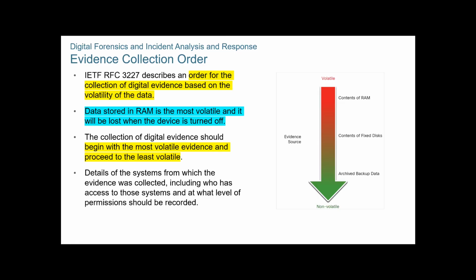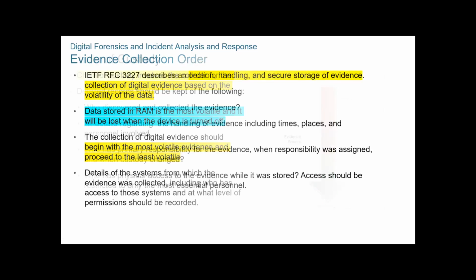If it's turned off, you want to grab it quick. Collection of digital evidence should begin with the most volatile and proceed to the least volatile, something that's not going to go away, like a hard drive that's been locked away. So it's very important that there's an order there.